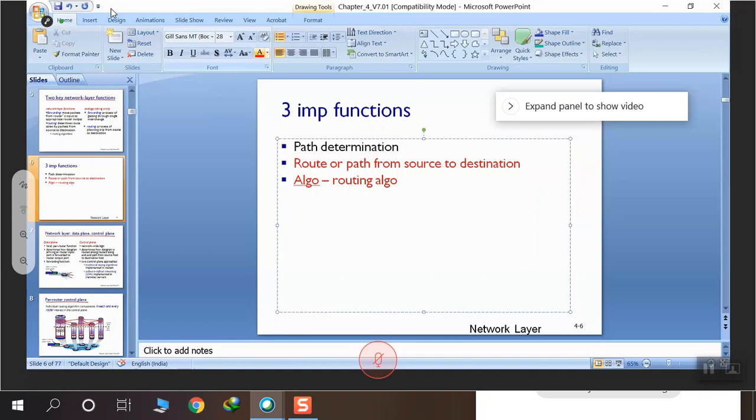I need to send a packet from source to destination, like in this picture. I need to send the packet from A, this is the source, to the destination that is here. How will I send it?